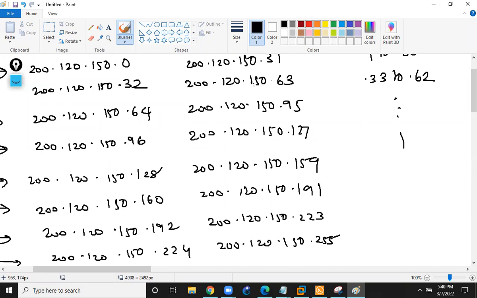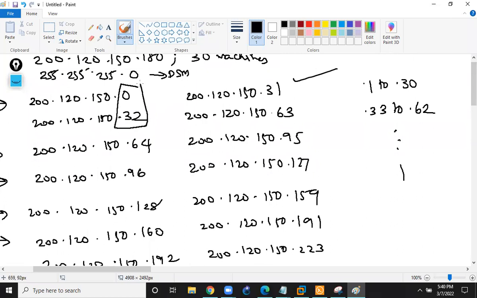Exactly. Once you have found the first one, to write the second one you will be adding the same value, or a block, each time. Here the value is 32. The difference is 32 everywhere.